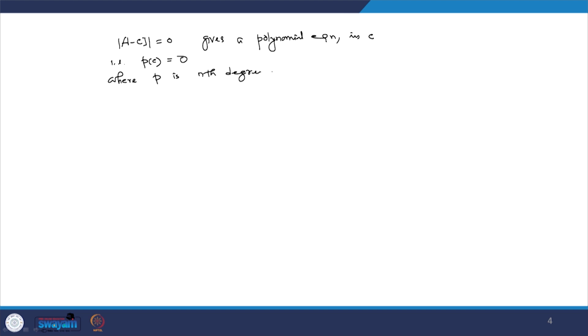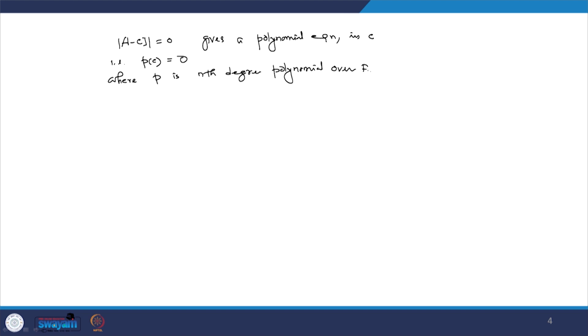So, the determinant of A minus CI equals 0 gives a polynomial equation in C, of the form P(C) equals 0, where P is an nth degree polynomial over the field F. So, I can say that when T is a linear operator on a finite dimensional space and C is an eigenvalue of the operator T, then T minus CI is singular.